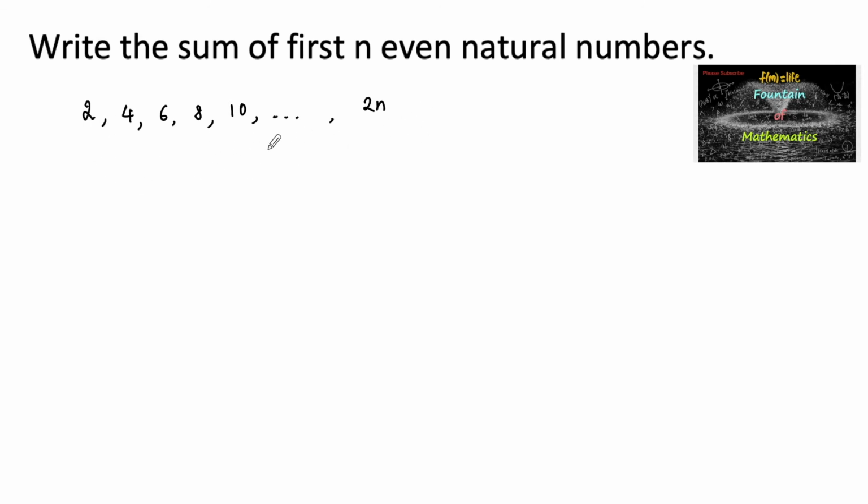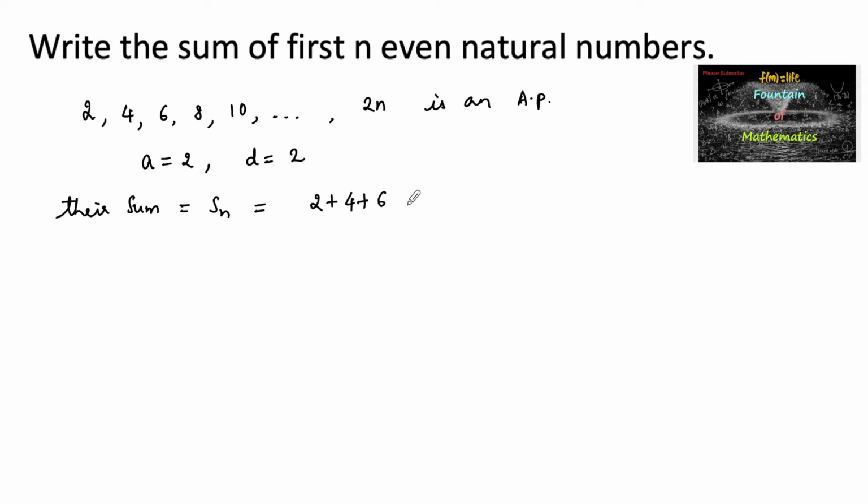So the sequence is an arithmetic progression whose first term is 2 and common difference d is equal to 2, and let us denote their sum Sn is equal to 2 plus 4 plus 6 plus 8 plus and so on up to 2n.